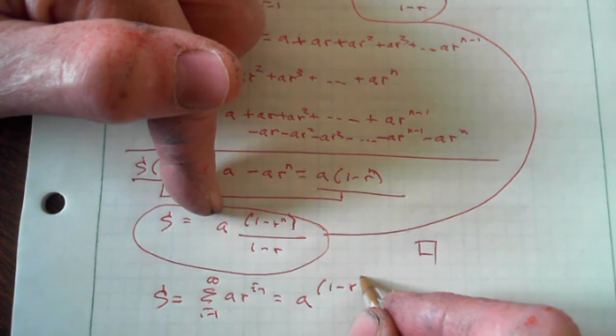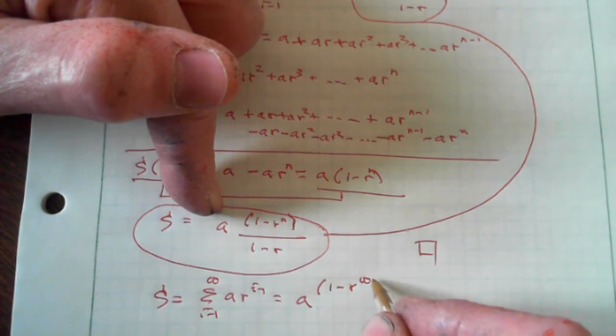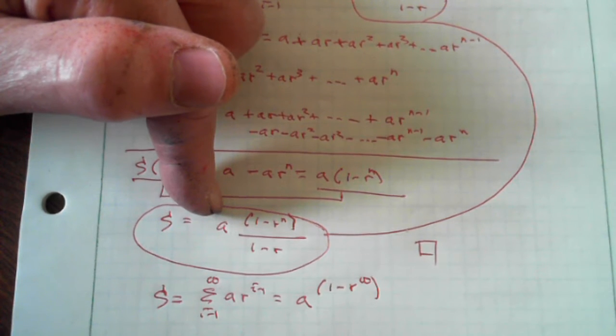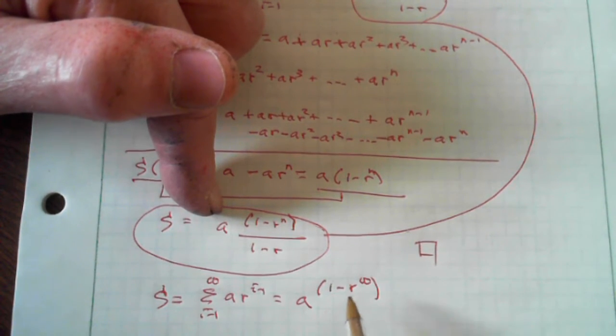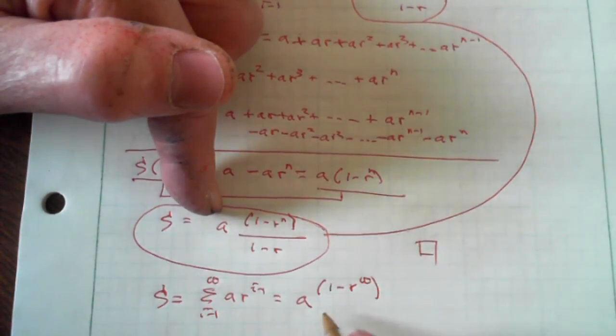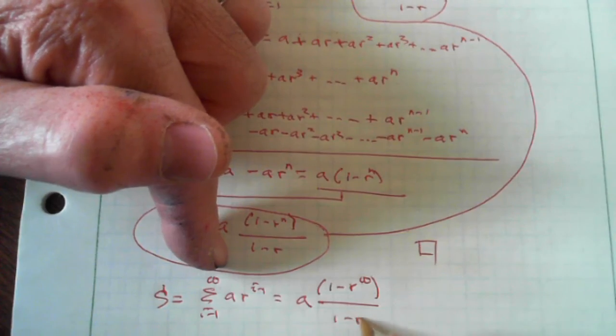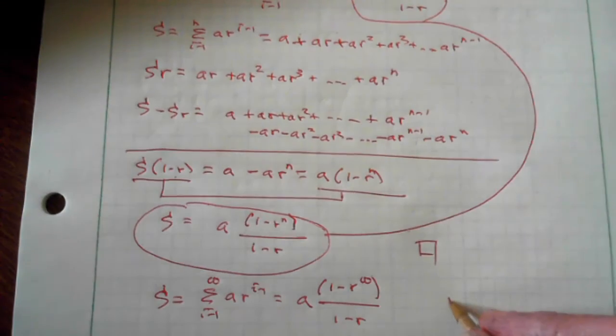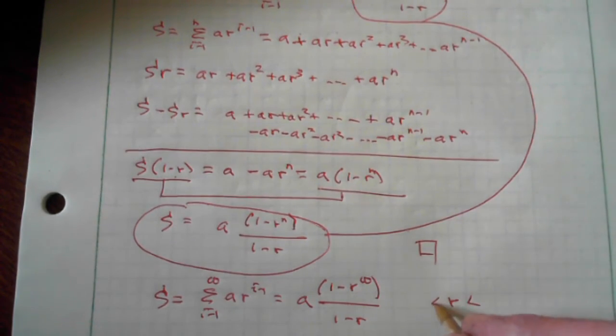Now, there is no number infinity, but I'm going to write infinity there because we haven't talked about limits yet in this class. But we're going to let that be to a power that never gets a biggest number, over 1 minus r.